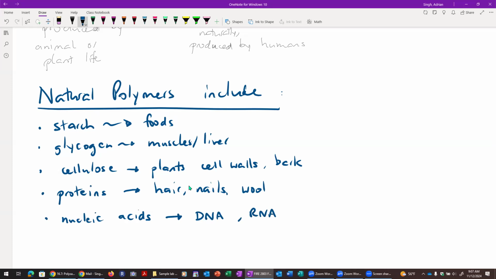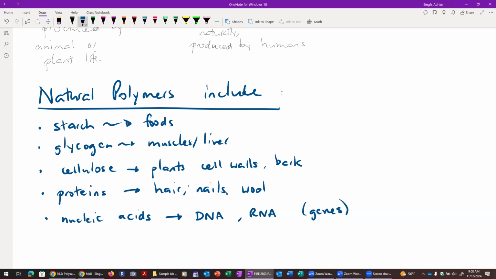These are things that make you who you are. So we'll just say genes. A gene is the thing in your body that is responsible for the color of your eyes, color of your hair. That's your DNA, and your DNA is an example of a nucleic acid. So we have lots of examples of these natural polymers.